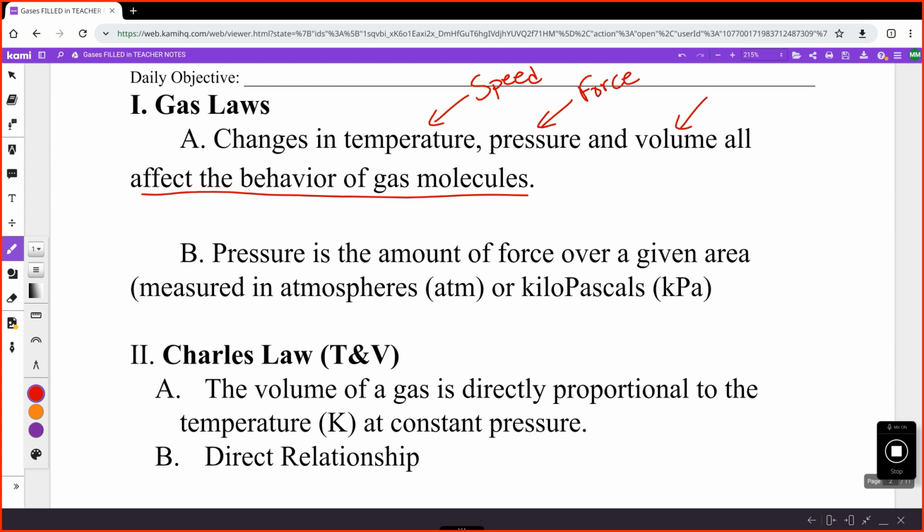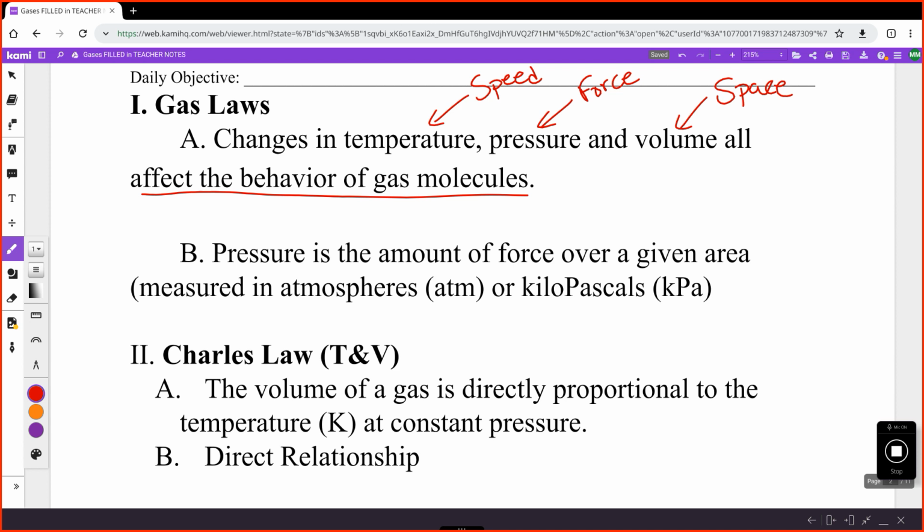A light force would be a molecule that hits the wall of a container lightly. A large force would be a particle that hits the side of a container with a lot of power behind it. And volume is space. So we're seeing how space, force, and speed all affect one another.